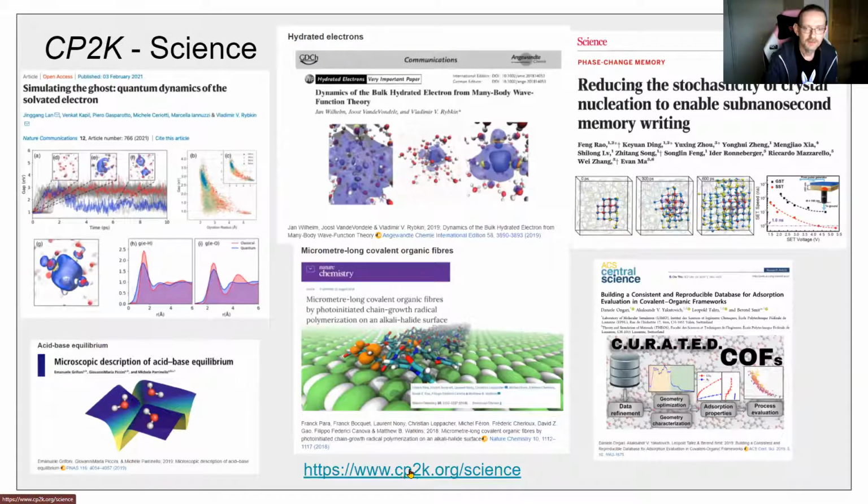The main website for CP2K, where you can find lots of material, is cp2k.org. If I go to the science section, there's a curated list of recent papers, several here on polymerization on surfaces. It's quite an efficient code for moderate throughput calculations.